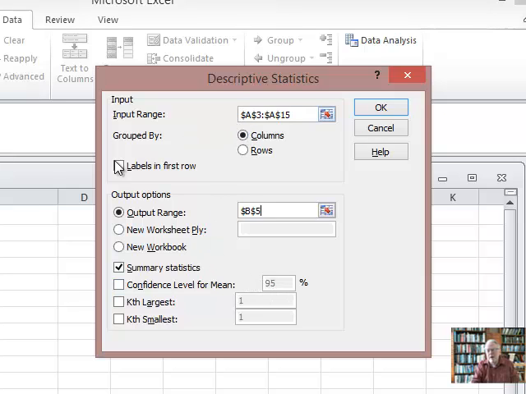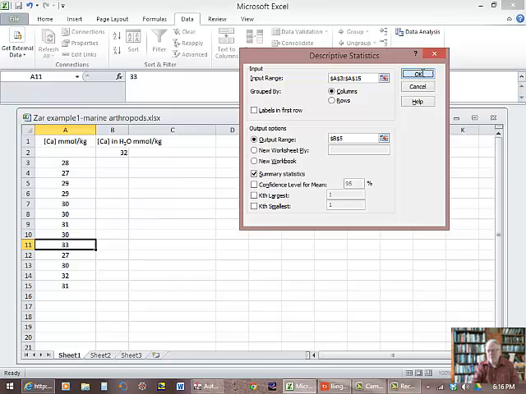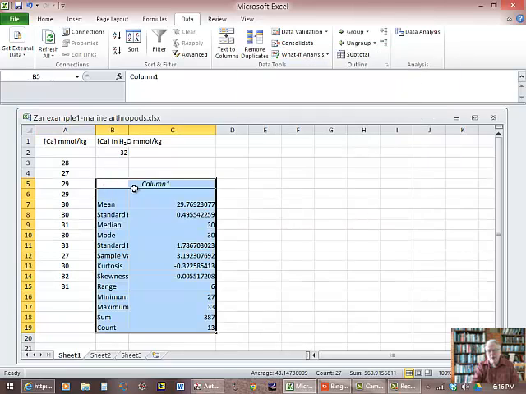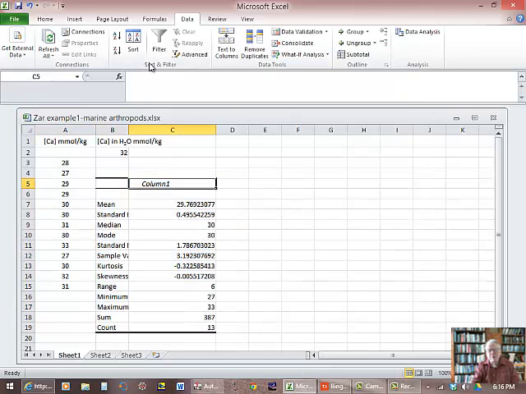So I have an input range, column A, rows 3 through 15, and I'm going to put the descriptive statistics with the left-hand upper corner right there. So I'm going to then click OK, and there we are. There are my statistics.